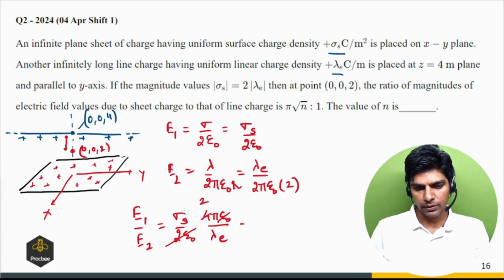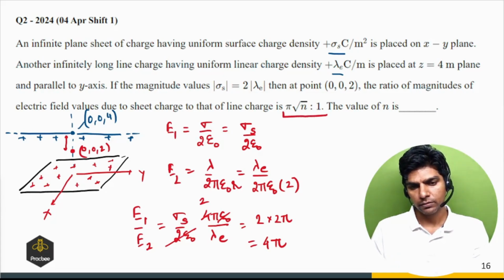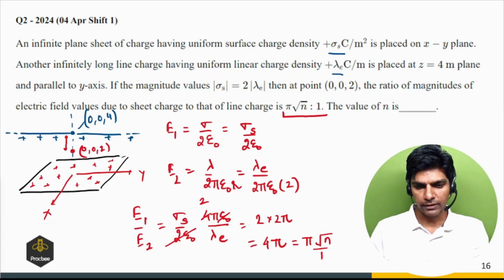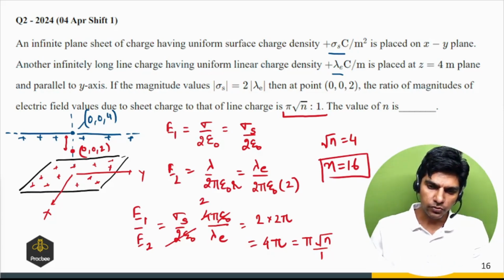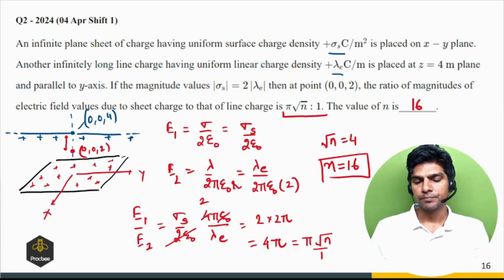So sigma s by lambda e is nothing but 2 times 2 pi, so it comes out to be 4 pi. And we are given it is pi times root n upon 1. So we can say root n is equal to 4. So n will be 16 if we square on both sides. Right, so the answer will be 16.